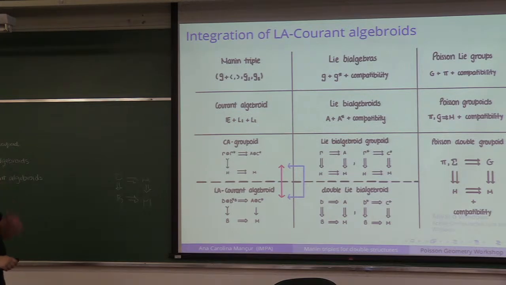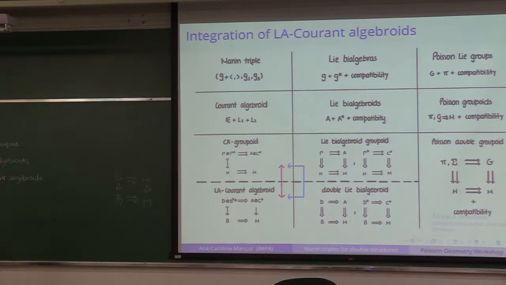So we have an integration result that says that these are integrated to Courant groupoids when we have two transversal Dirac structures. And the natural question is, how about the general case, is it integrated to a Courant groupoid?